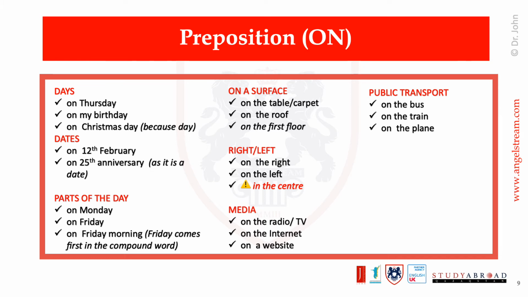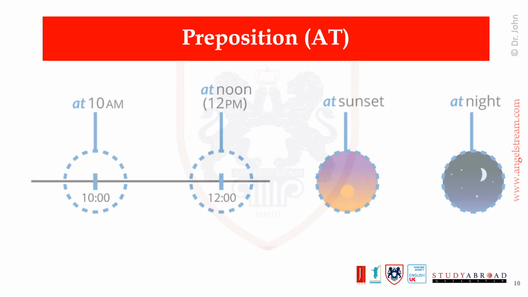And for all media, I would like to make a note here that we will use on: on the radio, on the TV, on the internet, on a website. And public transport, again, there is a surface that you stand on. That is why you say on the bus. Then we have got a train or a plane that you stand on. That is why we say on. And here the point is public transport. So let's go to the next slide.